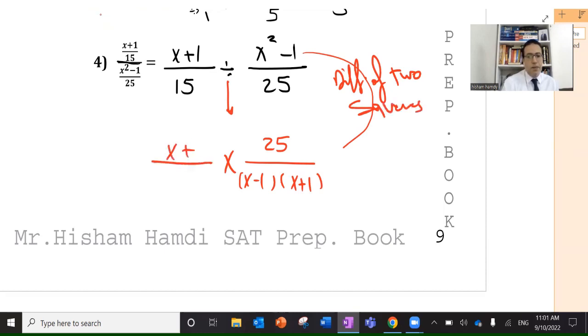Here, x plus 1 divided by 15. Divided by 5 gives me 3. Divided by 5 gives me 5. Cancel x plus 1 with x plus 1. So it's 5 and down 3 multiply x minus 1.